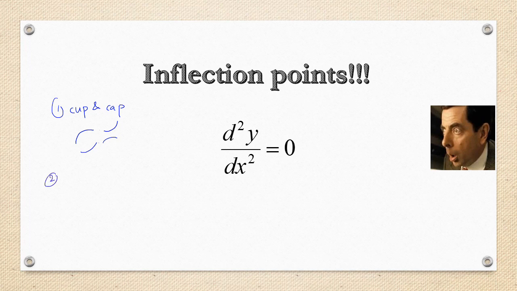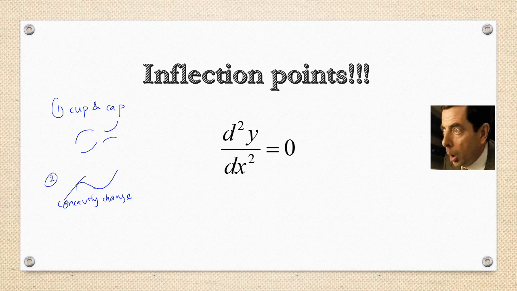Then, in the other slide I showed you the gradient on the cubic graph. The inflection point is where the concavity changes, meaning the gradient decreases and suddenly at one point starts to increase again. That point is an inflection point.